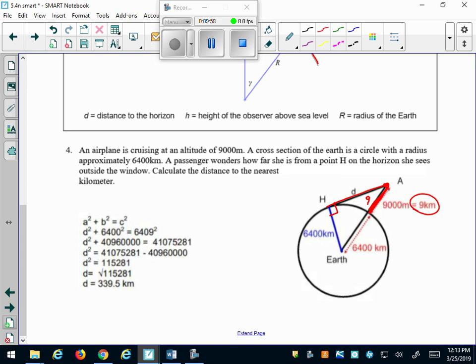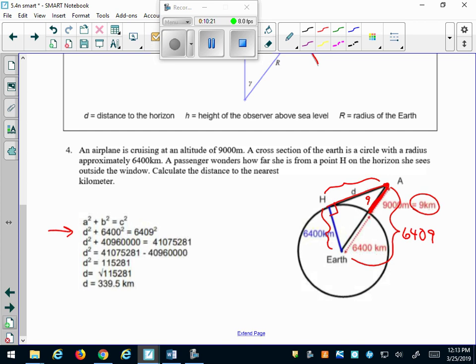So now we can just do Pythagorean theorem. We've got d squared plus 6400 squared equals, and what's this whole length going to be? 6409, exactly.